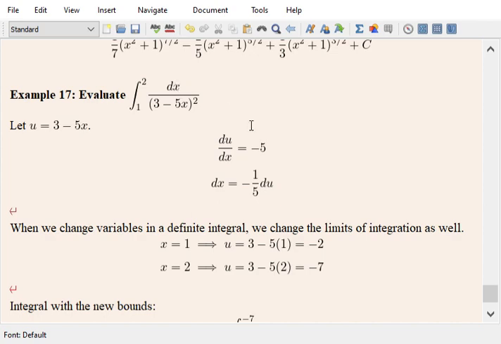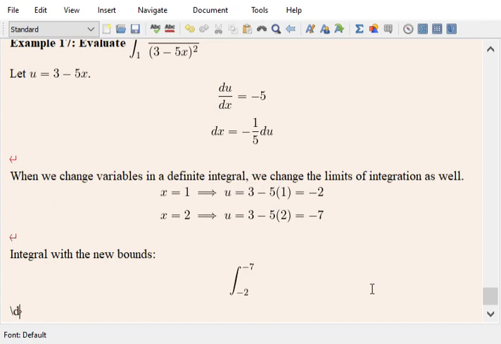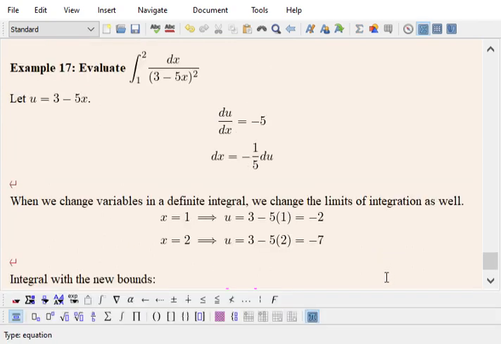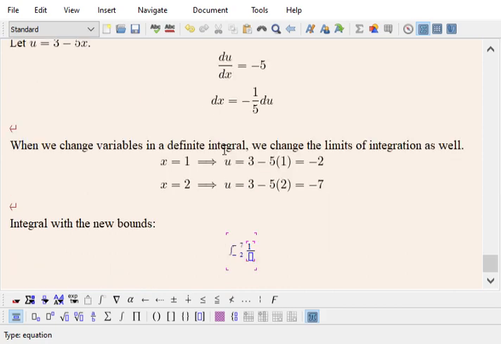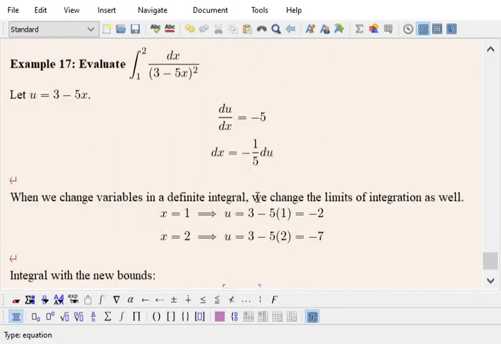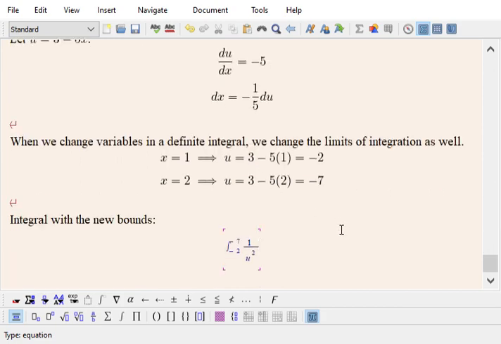I'd rather keep it over to the side. So let's see, 1 over u squared dx, and then dx is just minus 1/5 du. So all we're going to do is pull that minus 1/5 out front.